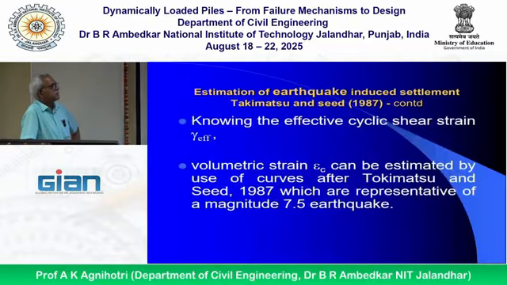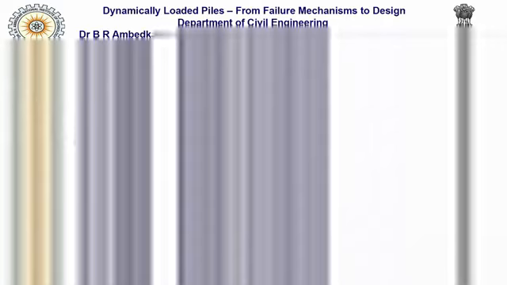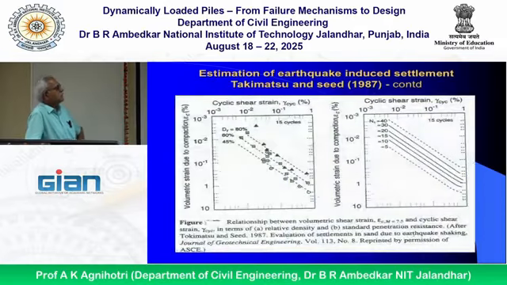Knowing effective cyclic shear strain gamma effective from those curves, volumetric strain epsilon c can be estimated by using another set of curves given by Tokimatsu and Seed in 1987. On one axis we have cyclic shear strain, and on the other side we have volumetric strain.